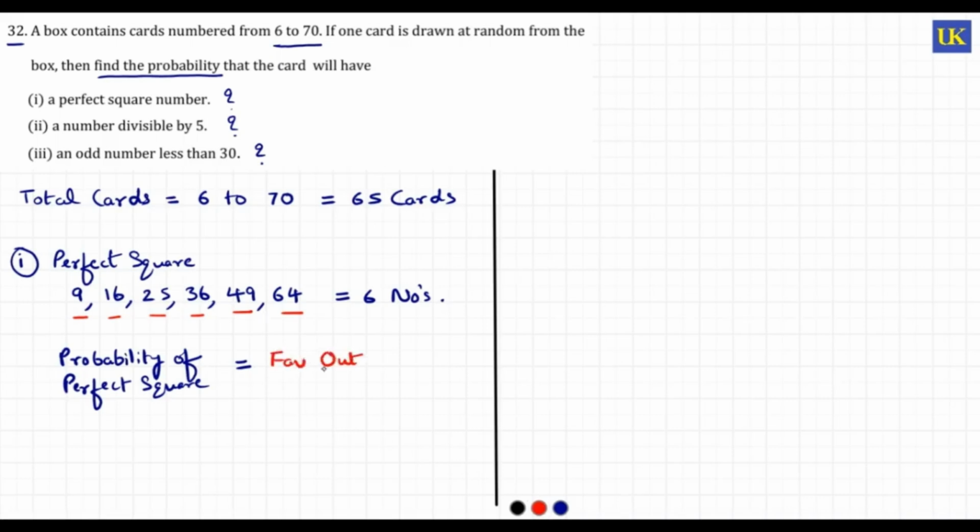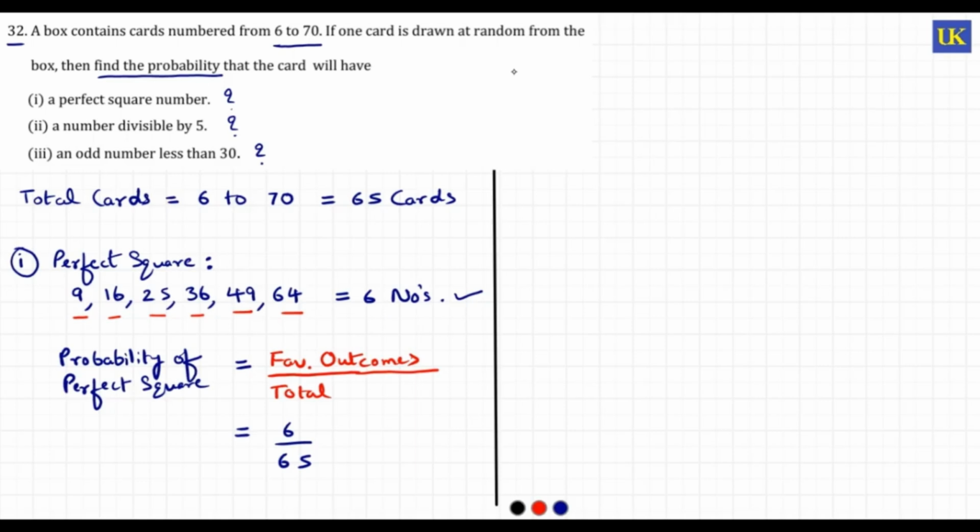Favorable outcomes are how much? 6 cards we have here. And total is how much? Total how many cards we have? 65. So 6 upon 65 is our answer for perfect square.